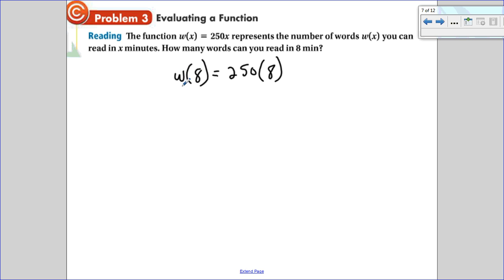It's like saying this is our function, w equals 250x. What would the function with 8 in it be? It's 250 times 8, which w of 8 comes out to be 2,000 words.